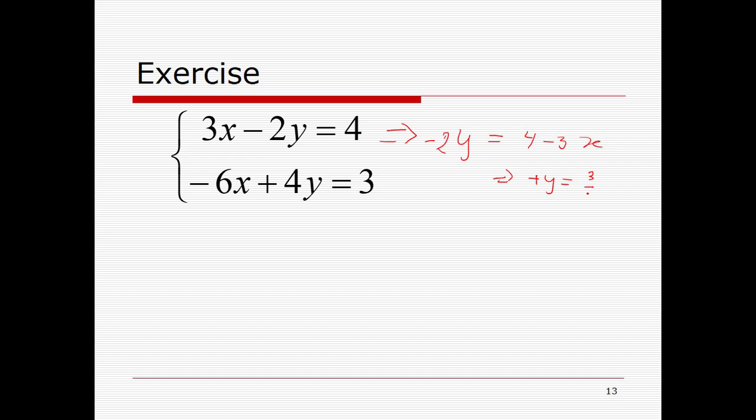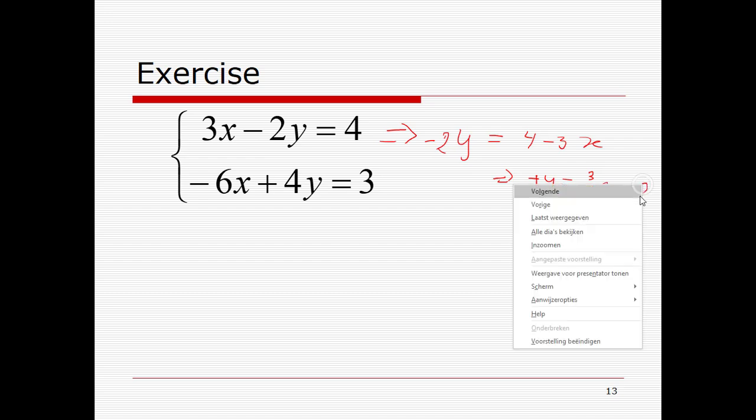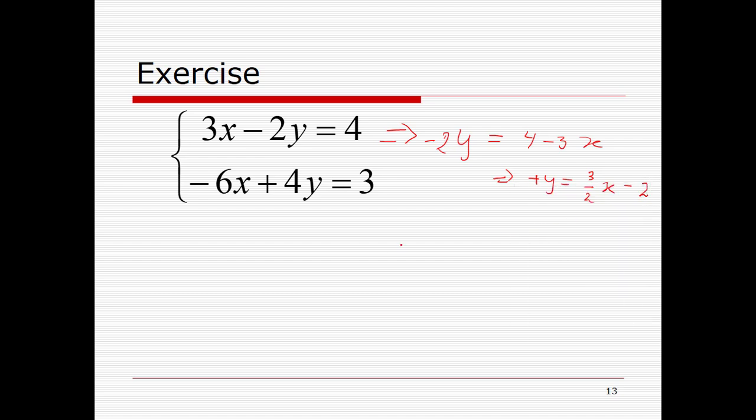So that would be 3 divided by 2 times x. Minus 4 divided by 2 would be 2. Okay, if we look at the second one, then we have 4y being 3 plus 6x. So that means y would be 6 divided by 4, which is 3 divided by 2 x, plus 3 divided by 4.